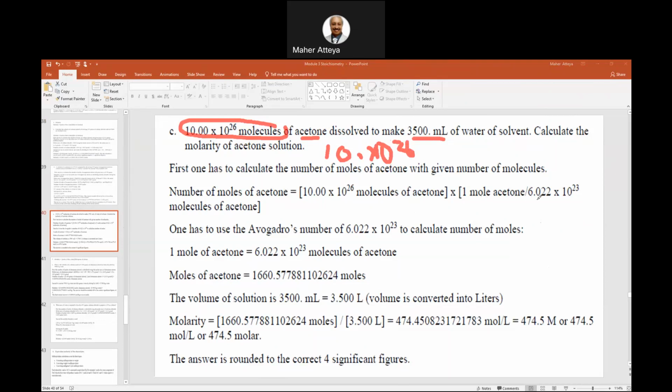See, 1 mole to this many molecules, you have to divide it. And you get 6 point. So here it is. You divide all those, and you get the number of moles like this. Here, that huge number.